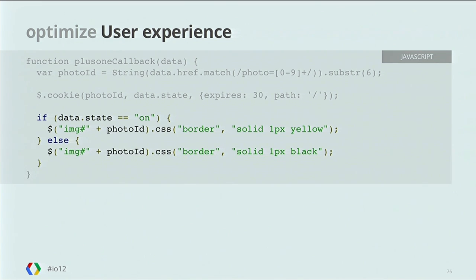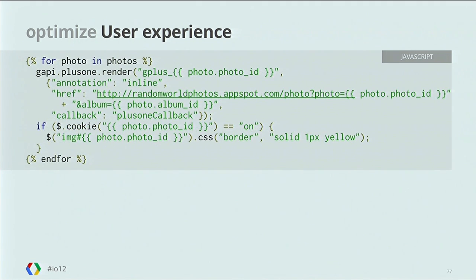And if it's off, I'm removing that border. And then finally, when I rendered these buttons, just coming back to the code you saw a few frames ago, you'll notice this code down here as well. If the cookie was set to on, I render that border again.